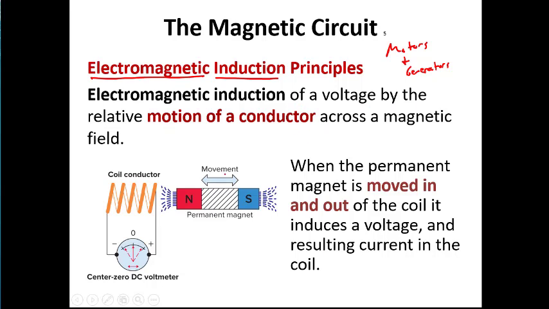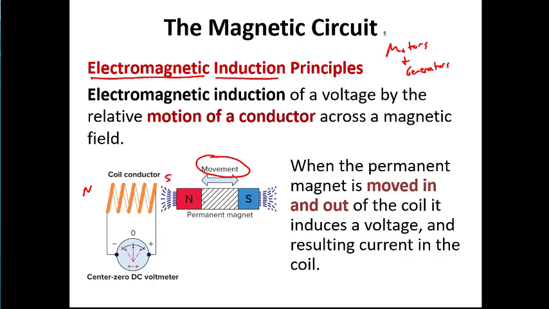So what this means is if I move a permanent magnet near a coil of wire, and it has to be moving, that's the most important part, while that magnetic field is changing, the coil of conductor will try to make a north and south pole.